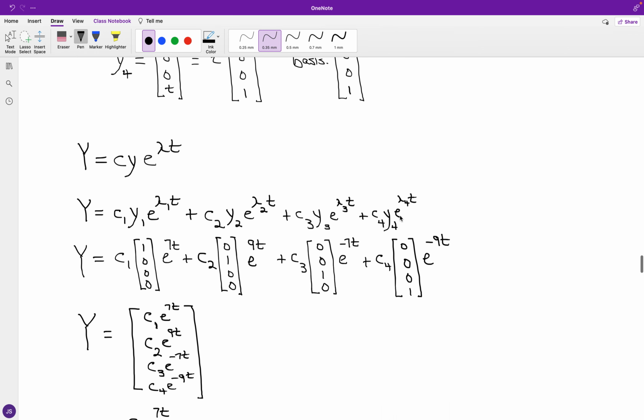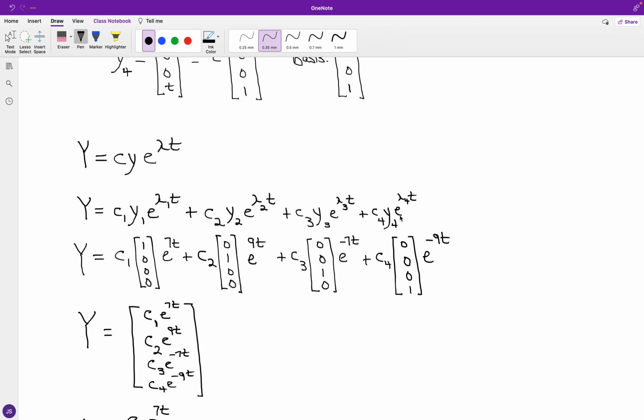And for the solution set for y, in the big picture, we have c times the eigenvector y times e to the eigenvalue times t. And breaking up the statement into terms, we have a linear combination: c sub 1, y sub 1, e to lambda sub 1 of t all the way out to the fourth term.